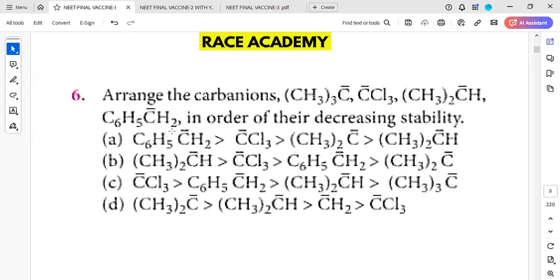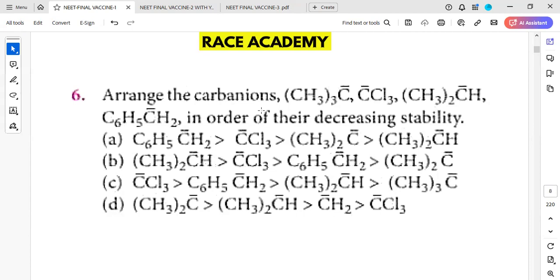Next, question number 6. Arrange the carbanions. We have 4 types of carbanions given: trimethyl carbanion, meaning tertiary butyl carbanion, trichlorocarbanion, a secondary carbanion, and the phenyl benzyl carbanion.